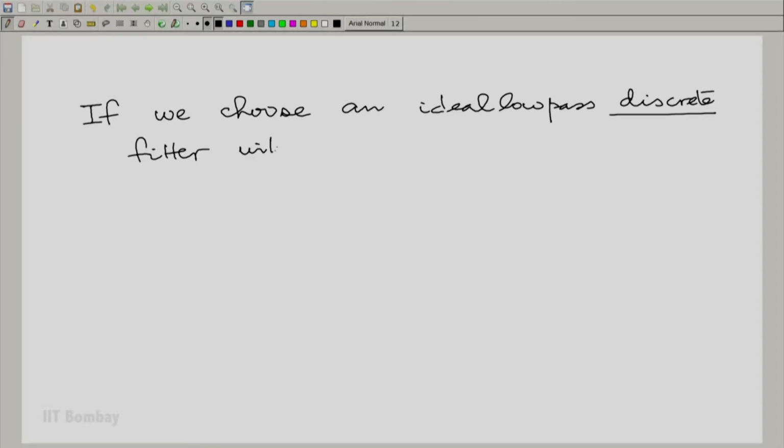So, we could choose something in between. We could agree that 6 kilohertz is the corresponding cutoff of the ideal low pass filter. And the ideal low pass filter, if it has a cutoff at 6 kilohertz, is equivalent to a discrete time system with the following frequency response.